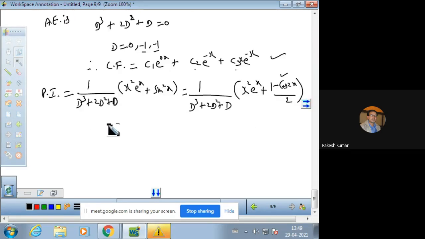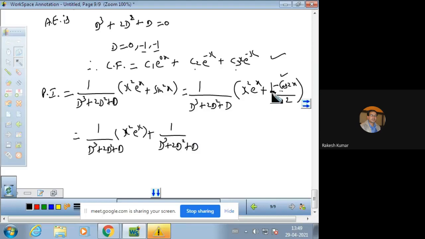Now you can separate the particular integral terms. So 1 upon d cube plus 2d square plus d into x square e raised to power x, plus the second term is 1 over d cube plus 2d square plus d. This is the constant term 1 by 2. So 1 by 2 can be taken out, and here you can write down the exponential term with the coefficient of x as 0.